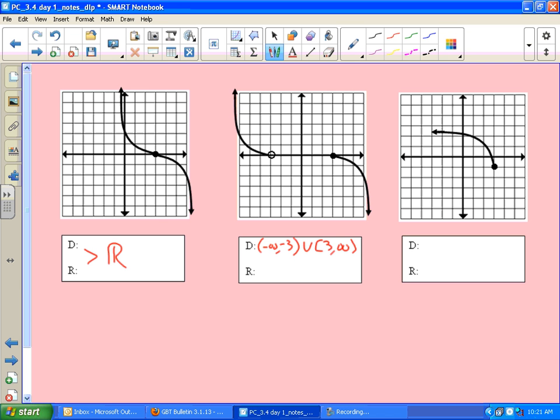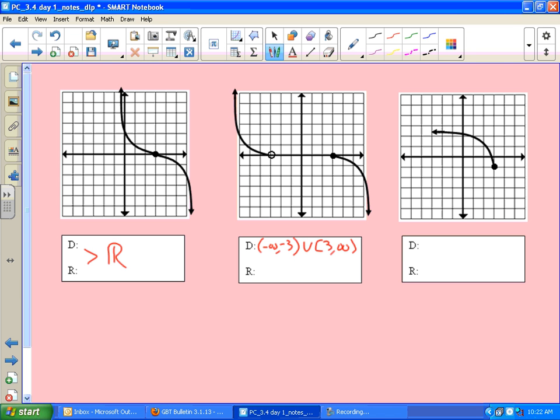Positive infinity works. What about going the other way? Yeah, it is. So how do we say that? Usually we could say it as negative infinity to positive infinity, but we say it a certain way.